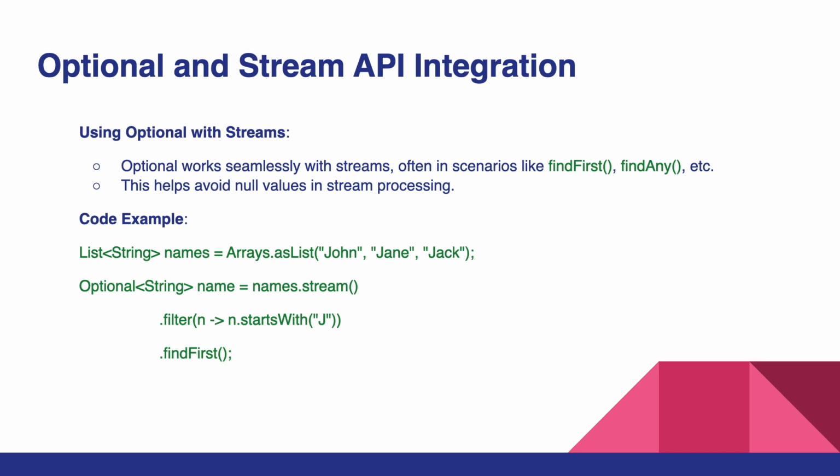This ensures that your stream operations don't break down into NullPointerException chaos. When dealing with large data sets or pipelines, Optional's seamless interaction with streams is invaluable.